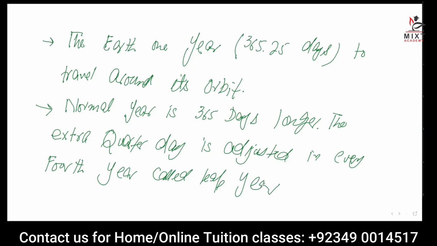A leap year contains 366 days. Okay. So why does it have 366 days? Because February has 29 days.